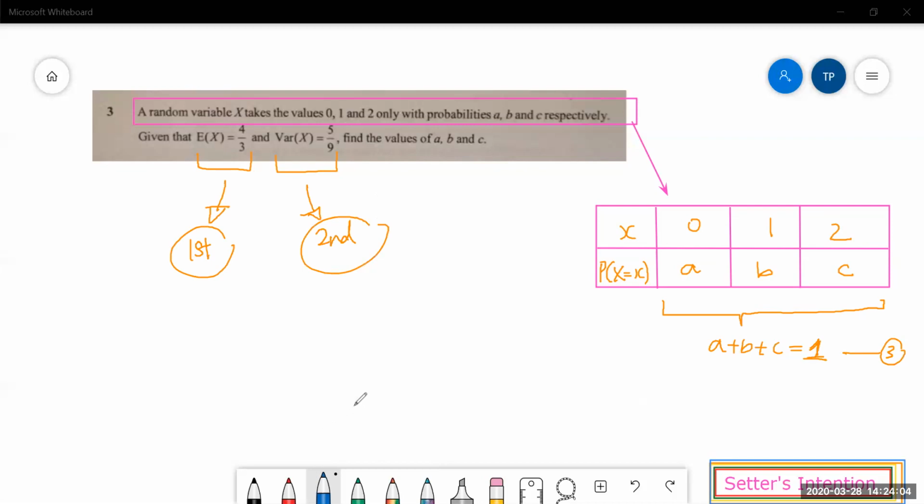Because the solving part, do not be stupid and solve the simultaneous equation manually. I use GC. Correct. Okay. Remember, once you get the 3 equations out, plug into your GC and say using GC, A equals what, B equals what, C equals what.